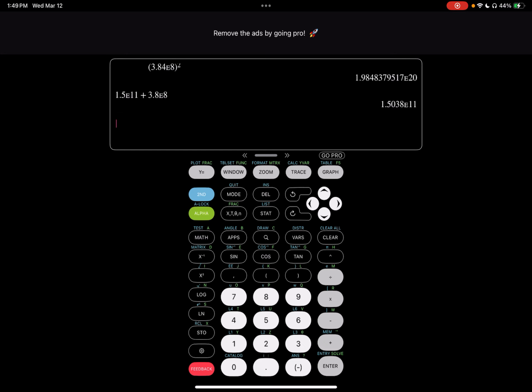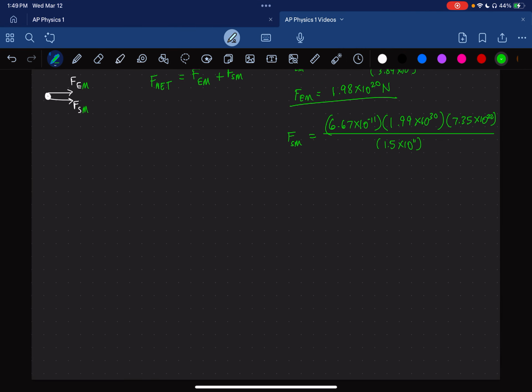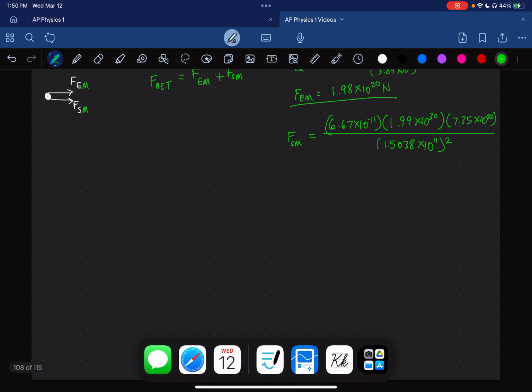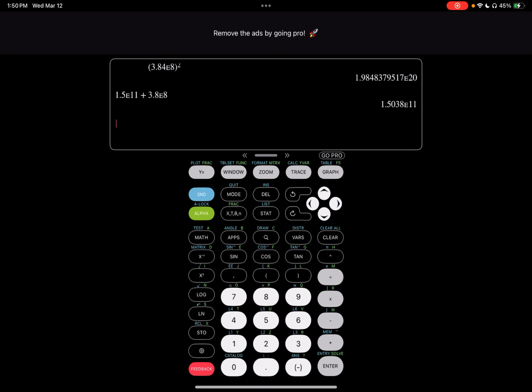I'll use the real number, 1.5038, squared. Wish I could keep these side to side. I'm gonna figure out how to do that right now. So what do we have?